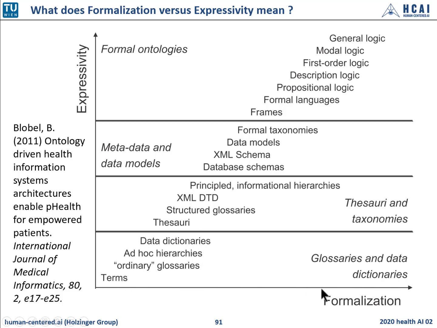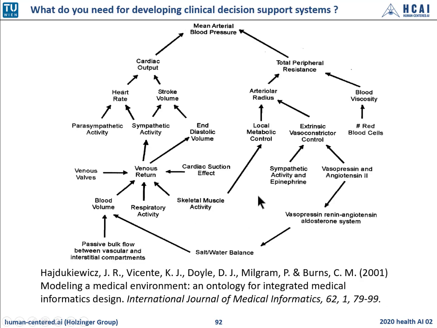You see these typical dictionaries here, data dictionaries, for example, in the left down corner. First order logic is in the far right up corner. So you see, this is a good overview of what is now called the way to ontologies.